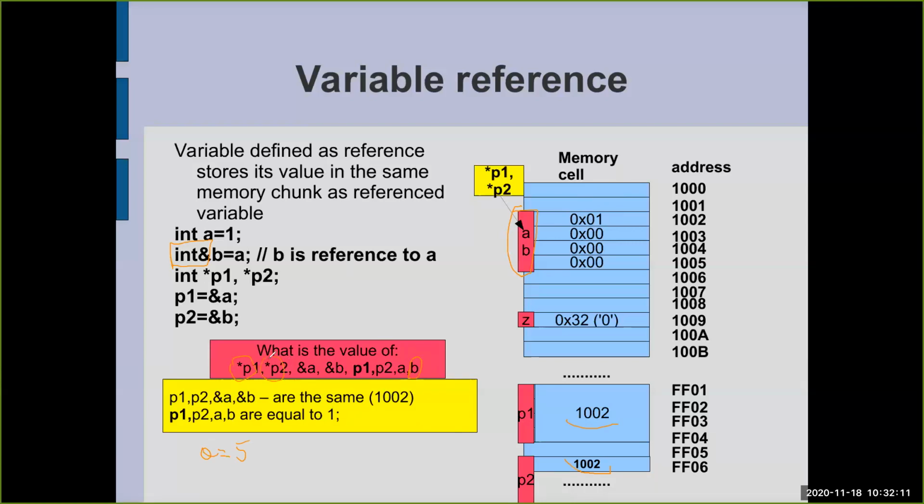Asterisk P1 and asterisk P2 will both be equal to 5. If you modify asterisk P2 to, let's say, 8, it will affect A, B, asterisk P1, and asterisk P2, because all of them share the same memory.